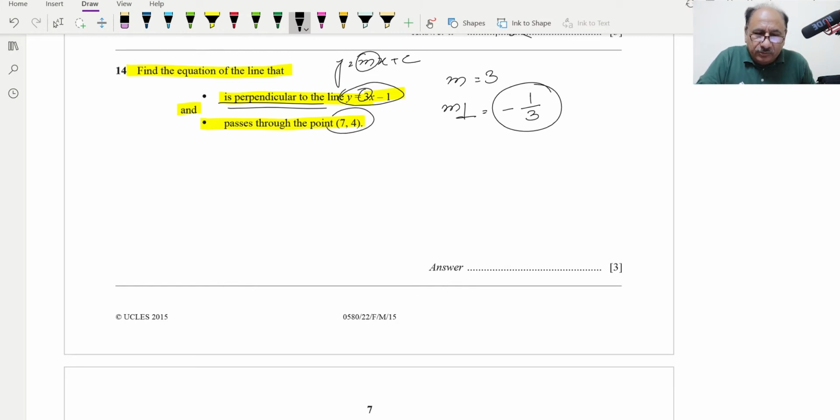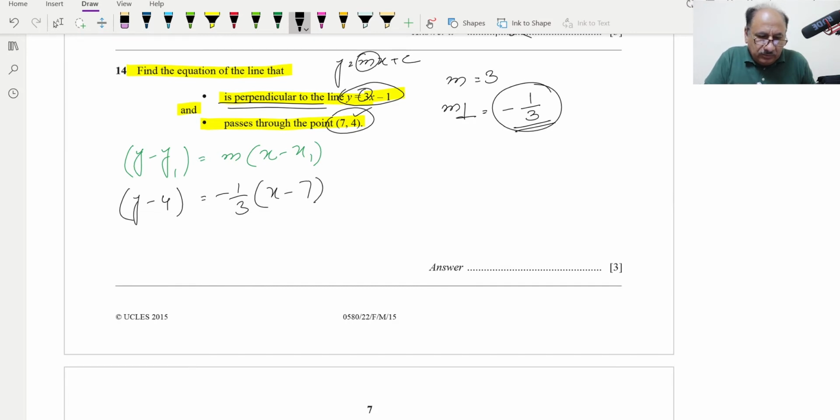This is the point through which the line is passing, so we will use the equation of line in point slope form, so y minus y1 is equal to m into x minus x1. This will be the equation which we will be using, and y minus y1 will be y minus 4, equal to m, which is minus 1 over 3, into x minus x1, which is 7.